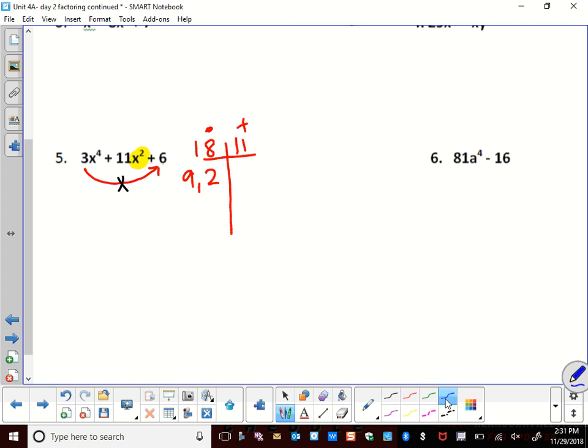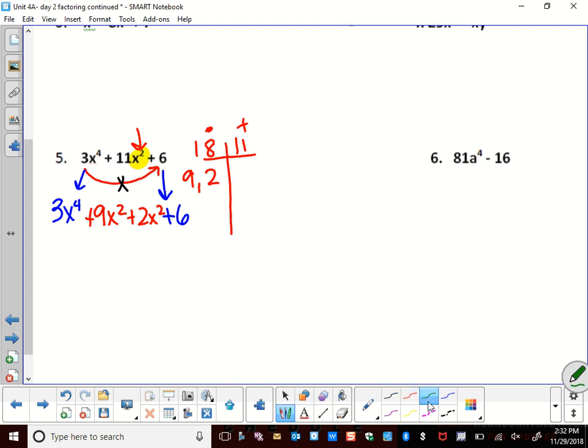So I pull down the first, which is 3x to the 4th. I pull down the last, which is positive 6. In the middle, I'm putting whatever my factors are. So that's positive 9x squared, positive 2x squared. The x squared came from here because that's what's in the middle.